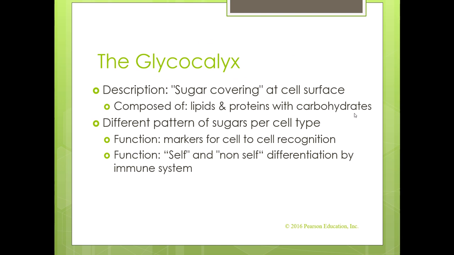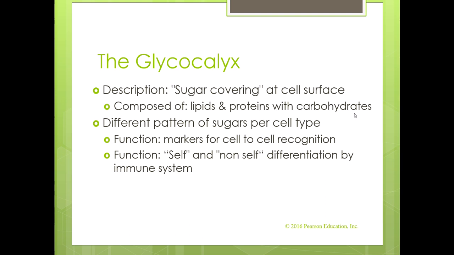Another role, particularly for the plasma membrane proteins that have the sugars attached to them, the glycoproteins, is a really important role in our body's ability to recognize the cells of our body, and not only for cells to recognize each other, but also for, say, an immune cell to recognize, oh, this cell belongs to this body.